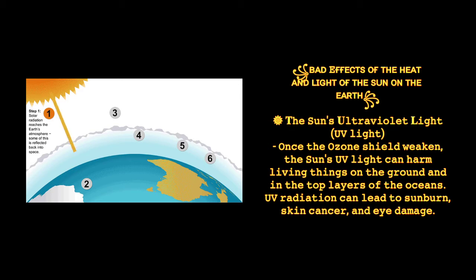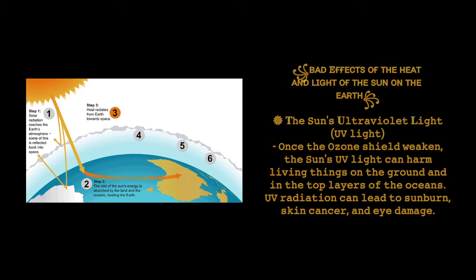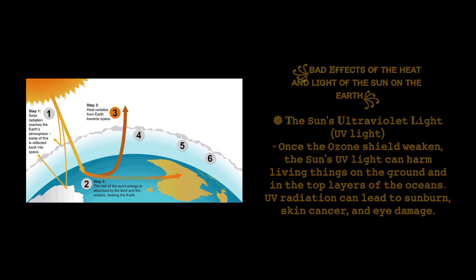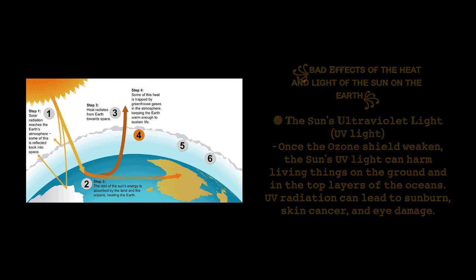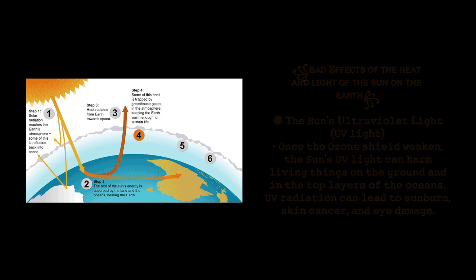Then, the sun's UV light can harm living things on the ground and in the top layers of the oceans. Even when the ozone shield is strong, the UV that gets through helps form smog from car exhaust and other pollution. Effects of the excessive UV radiation can lead to sunburn, skin cancer, and eye damage.